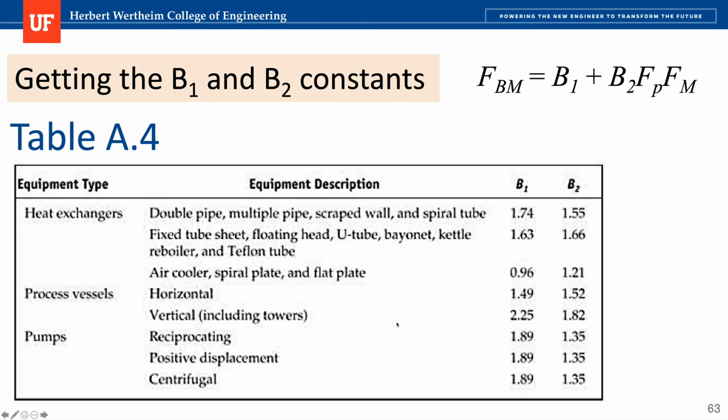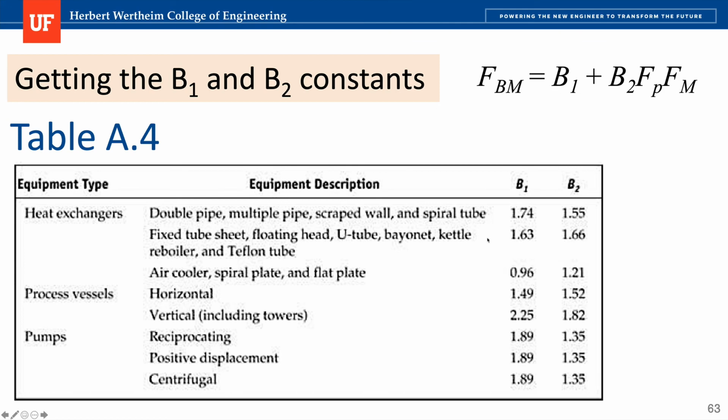The more expensive ones are the ones that have the higher B1 and B2 at base conditions. If we have base conditions, FP and FM are going to be equal to 1. Therefore, you add B1 and B2 up, and that's the factor that you multiply by the purchasing cost for that equipment.